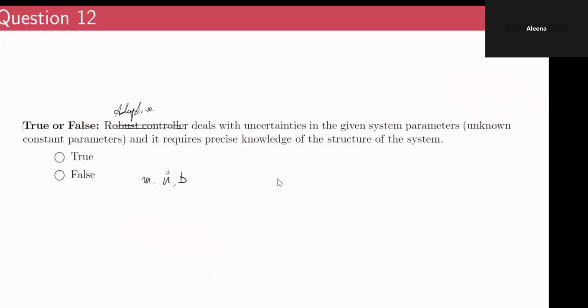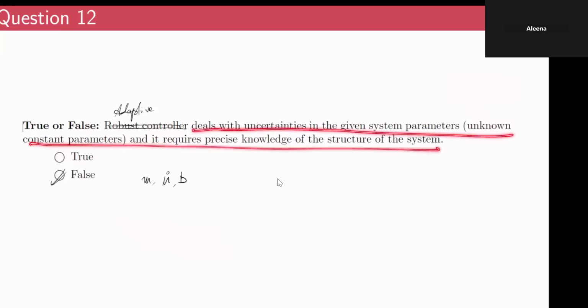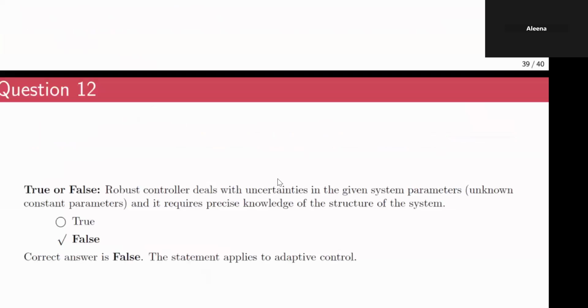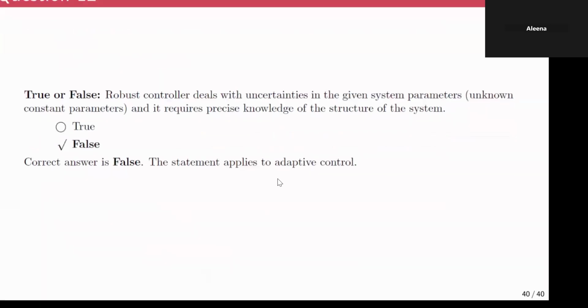So the statement is false in the context of robust control, because whatever is described here from this point to the end regards an adaptive controller. That makes this statement false, and that is the answer for this question.